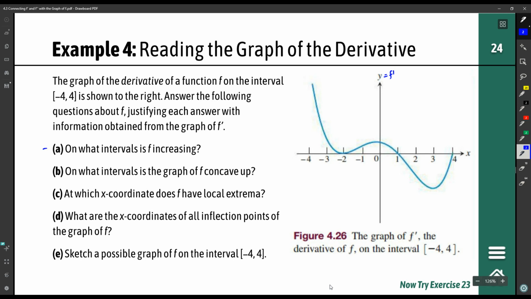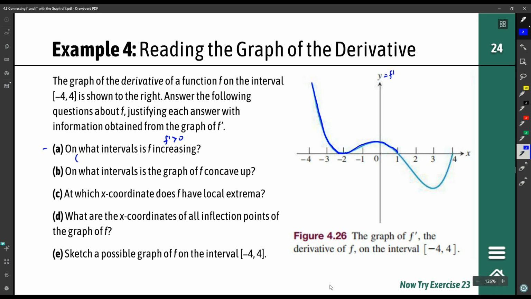So question A, on what intervals is f increasing? We know that f is increasing where f prime is positive, right? So notice this is the graph of f prime, and I see that we're positive everywhere this graph is above the x-axis. So we are positive all along here.